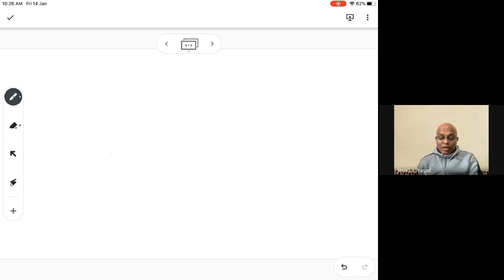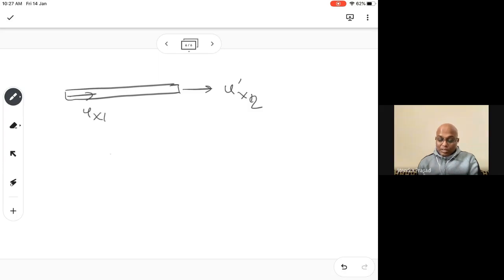So now we have two systems, right? Let's say this is the original system, and we call the displacements UX1 dash, UY1 dash, UX2 dash, and UY2 dash.